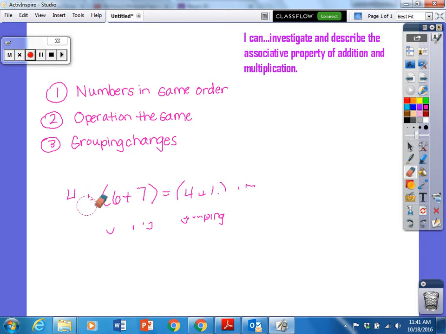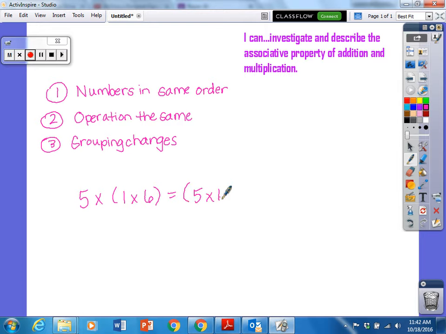So what I'm going to do is I'm going to erase and show you why the associative property shows equality. This time I'm going to use multiplication. So 5 times 1 times 6 equals 5 times 1 times 6.